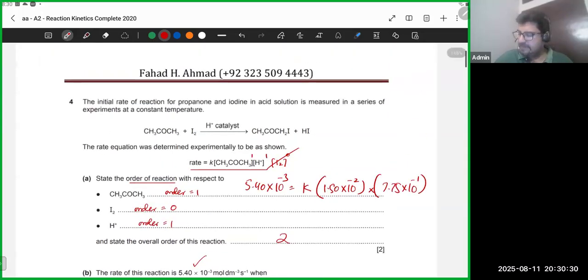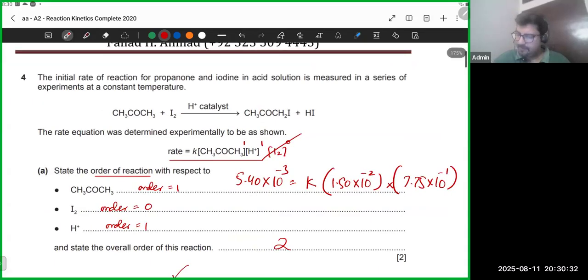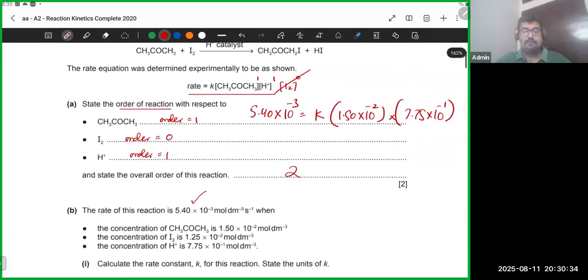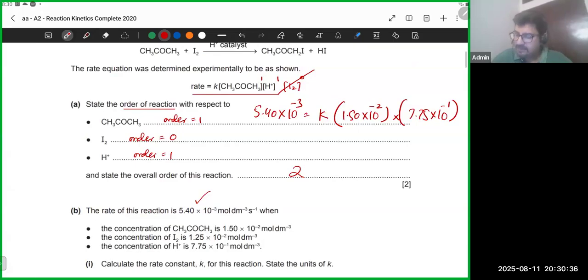And the units I have to calculate. We're going to use the units that are being used over here. Make sure, as I remember, sometimes he changes the units as well, so double check. So it's mole per dm cube per second. I'm going to take mole per dm cube as x.